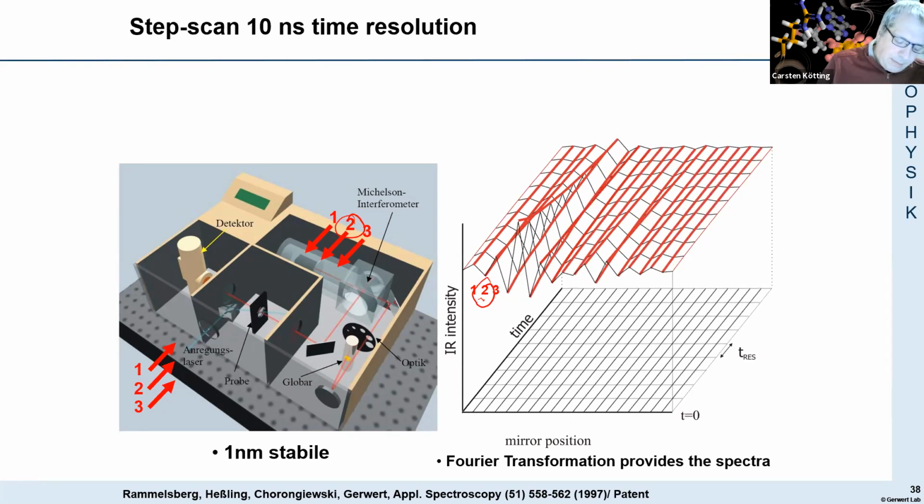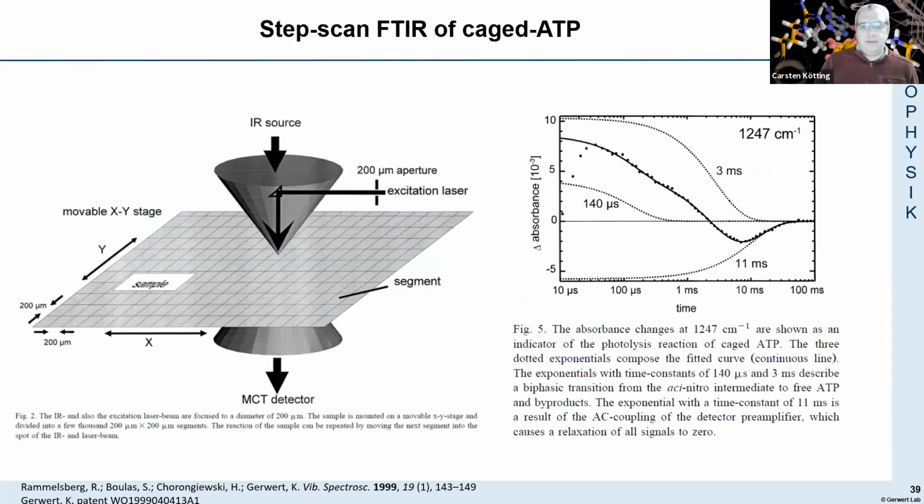There's one workaround which was done by Klaus Gerwert already more than 20 years ago. There the whole sample was divided into small 20 micrometer by 20 micrometer segments. And then by means of an infrared microscope, this was measured point by point.